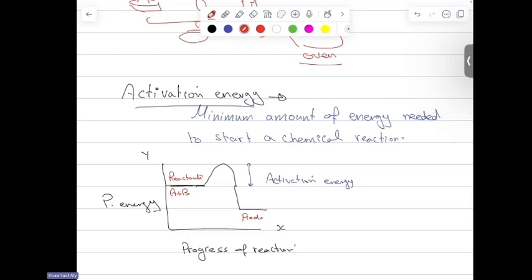Here are the products. So this part represents the activation energy. So girls, again, the meaning of the activation energy is the minimum amount of energy needed to start the chemical reaction.